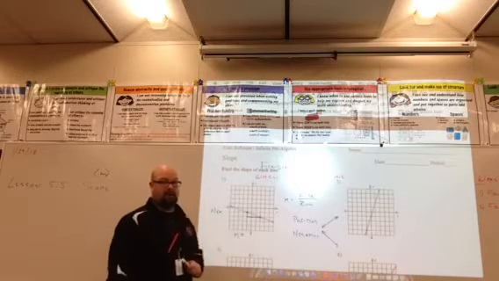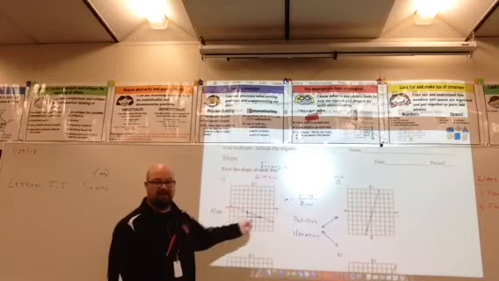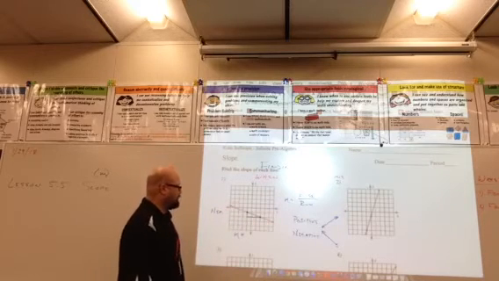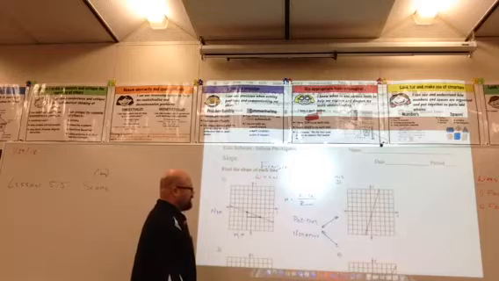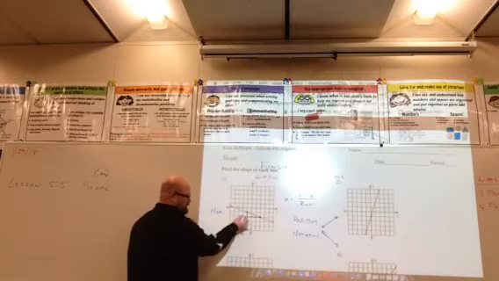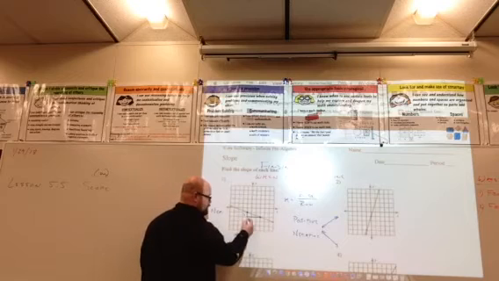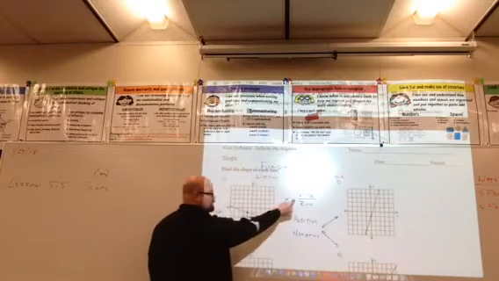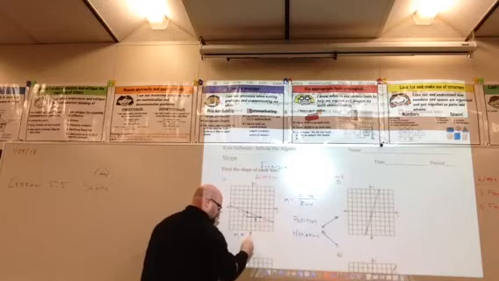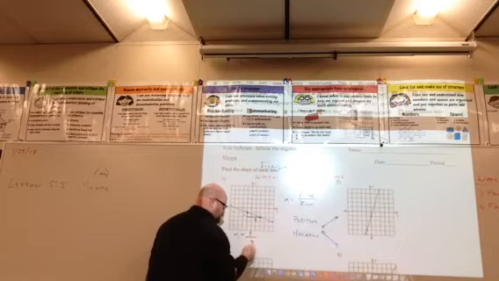So now finding our slope is nothing more than counting the boxes, counting the spaces to figure out our rise and run. So if we see here, my rise is 1, my run is 1, 2, 3. So my slope is rise over run, so I'm doing 1 over 3.